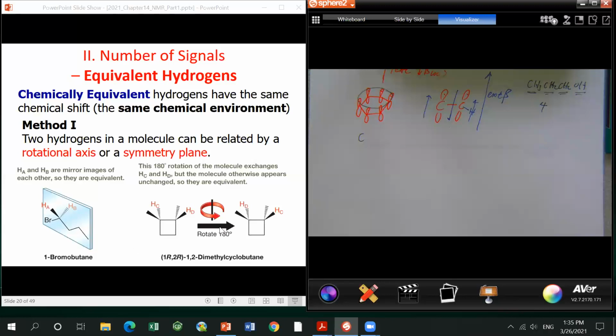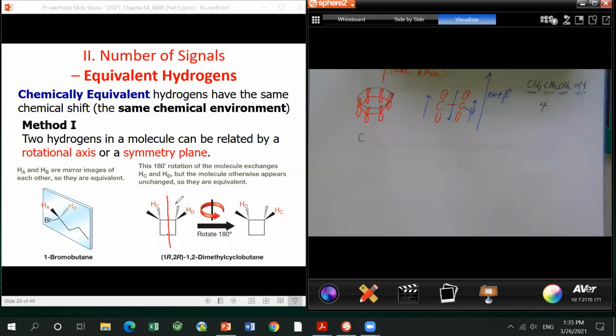And then the next one is 1,2-dimethylcyclobutene. For HC and HD, they are related by a rotation axis. The rotation axis passes through the middle of this bond and also the middle of this bond, something like this.